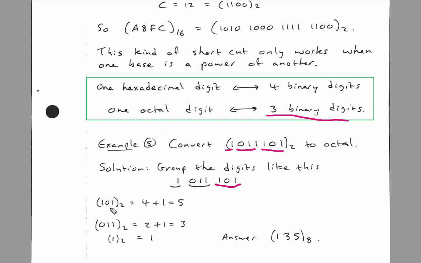So what is this binary number? It's 1 one and 1 four, so that's 5. The second piece is 1 one and 1 two, that's 3. And this is just 1, that's 1. So the octal version of this binary number is 135 in base 8.